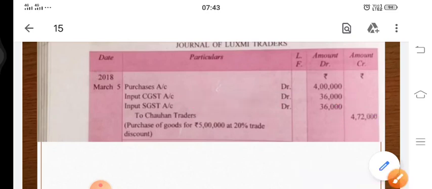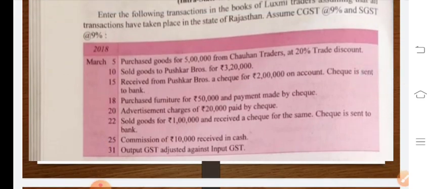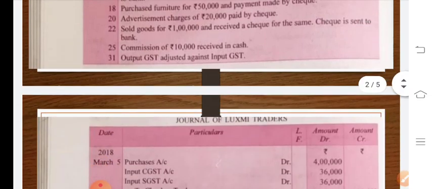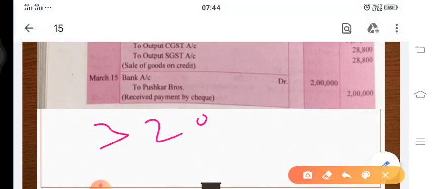Let's move towards the second point. The second point we have is sold goods to Pushkar Brothers for rupees 3,20,000. Now we have sold goods, so there will be an entry for sale. Let's check it out. Since there is no trade discount or cash discount, we simply sold goods to Pushkar Brothers of the amount 3,20,000.